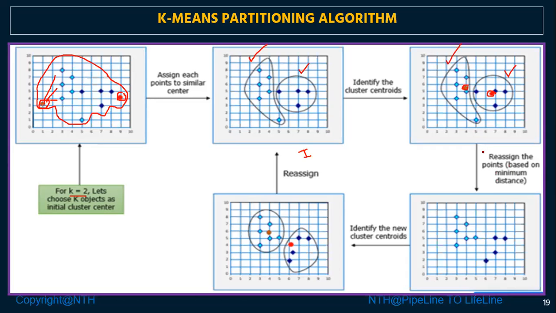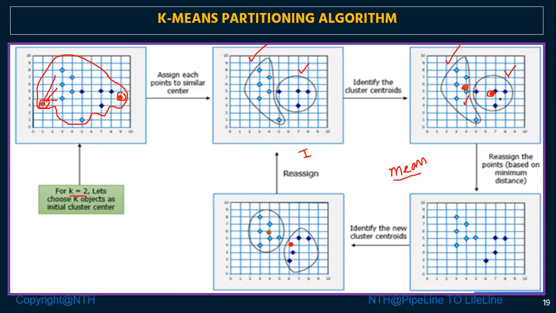After that, I'm going to reassign by summation of means. Here there is a word called mean, as in k-means. To update the centroid point for the next iteration, the mean of all these points becomes the latest centroid point for this cluster.